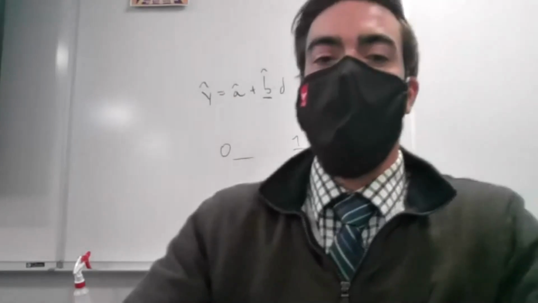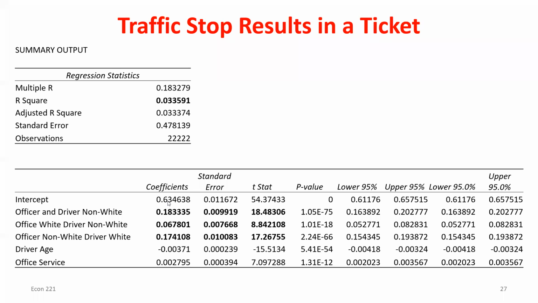Okay. So if we look at these results, relative to a white driver and officer, with a non-white driver and a non-white officer, the probability someone gets a ticket is about 0.18 higher, or 18% higher. If the officer is white and the driver is non-white, relative to when they're both white, there's a much smaller increase.